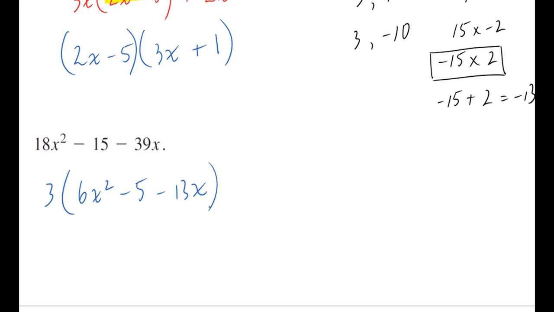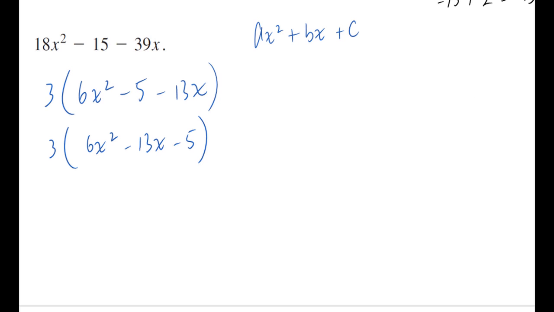And you might also be tempted, which I was almost tempted to do, to multiply the 6 and the negative 13. Now, you can't do that because it has to be in this format. So let's change it into that format first, before we do any damage. And now what you can do is you can start factoring by decomposition. You can do that fairly simply.